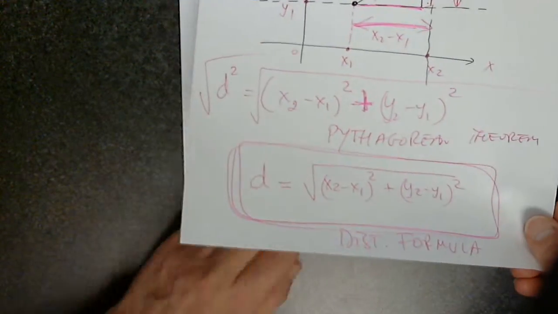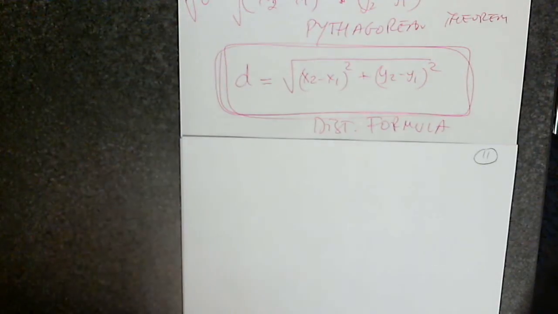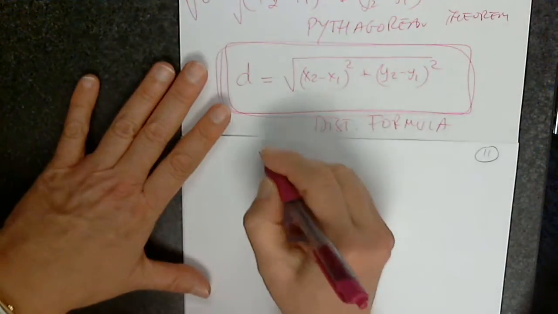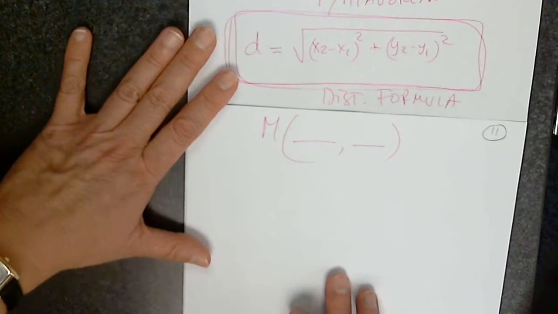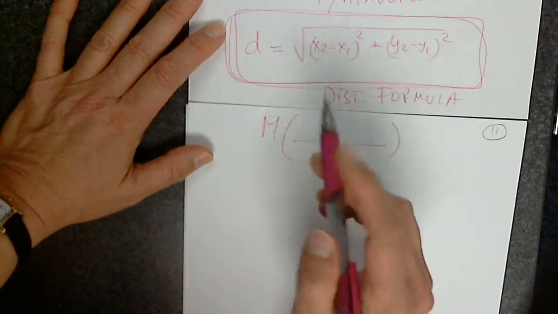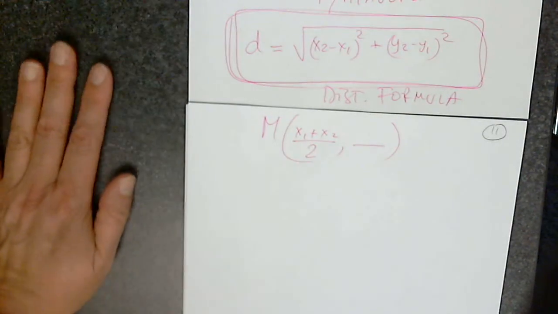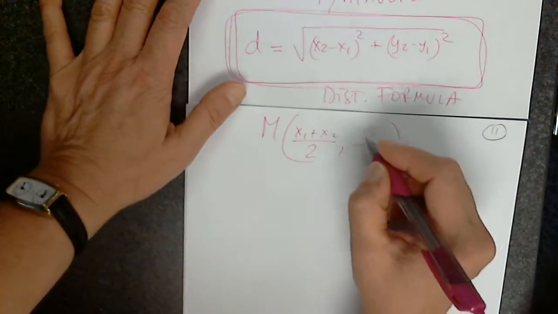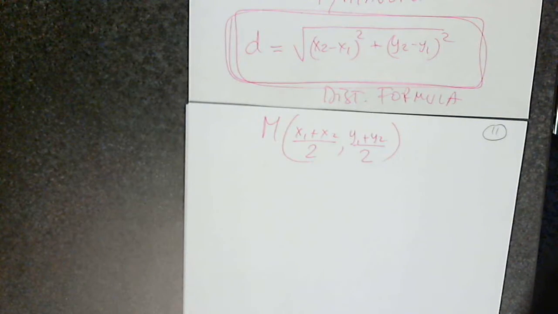In order to determine the coordinates of that point, all we have to do is average the x value coordinates. So x1 plus x2 divided by their number. The same thing for y1 plus y2 divided by their number.